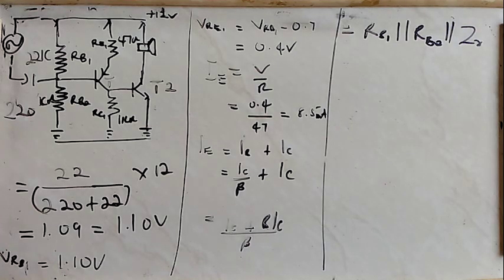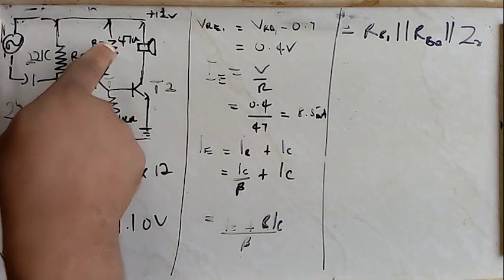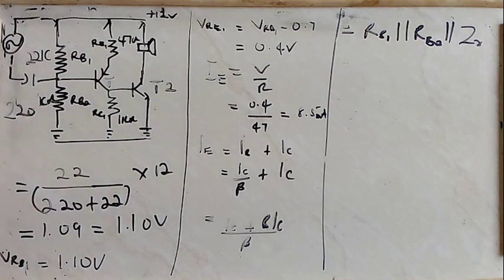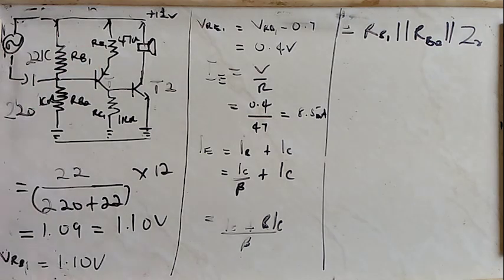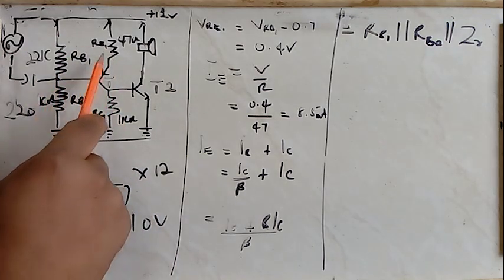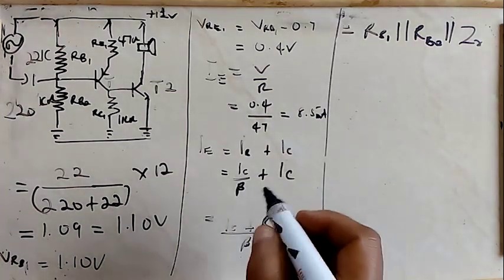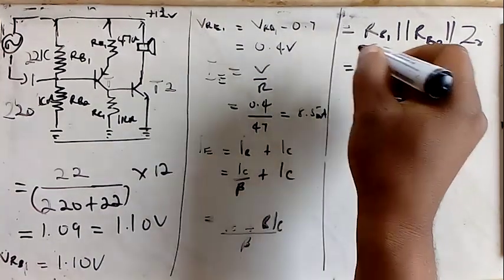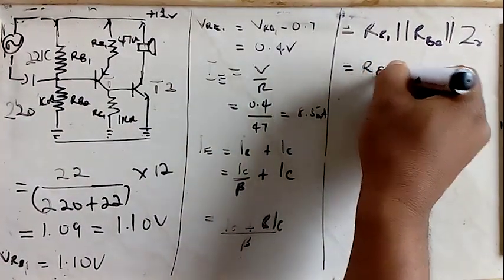Let's take a moment to define ZR. You will recall that the relationship between the base current and the emitter current is defined by the function beta plus 1. So if you are the base here, this resistance that you see here appears to be multiplied by beta plus 1. So our ZR under this circumstance is RE1.